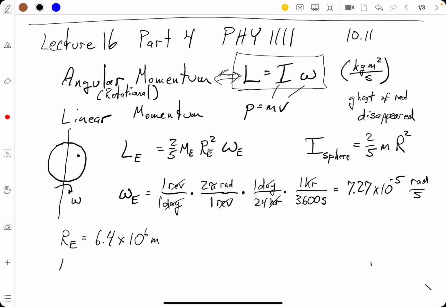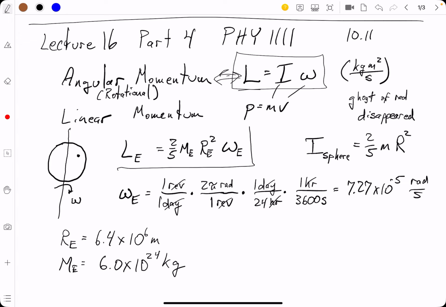And the mass of the Earth, fairly large, weighing in at 6.0 times 10 to the 24 kilograms. Good. So we know everything.